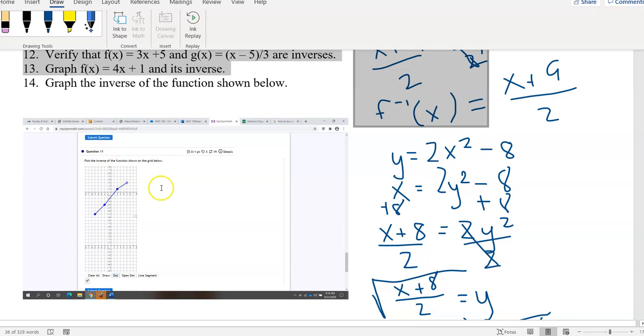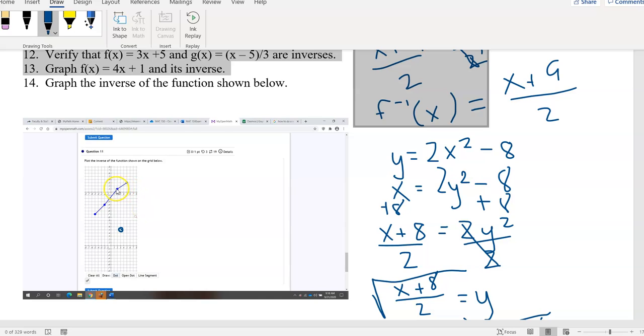All right, so number 14, and this is a little bit hard to see on here, but there is the point (5, 3). I want (3, 5), and (3, 5) will be an open circle. I think that's about right there.